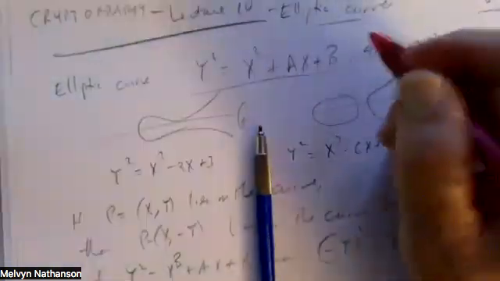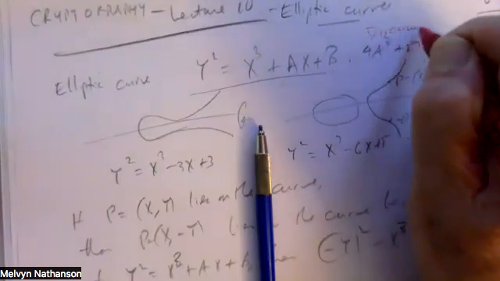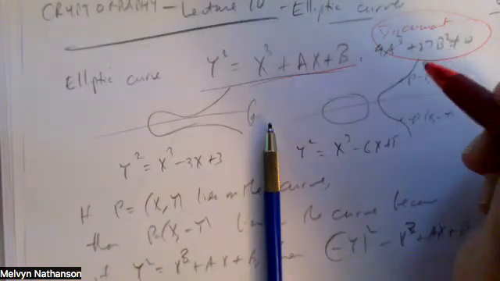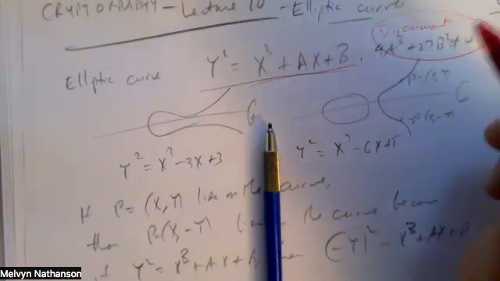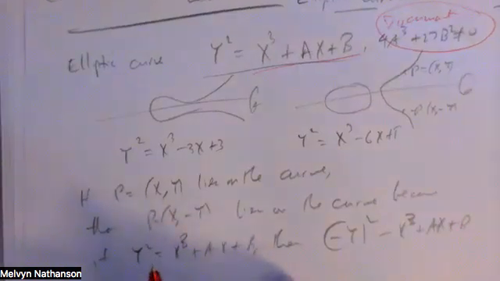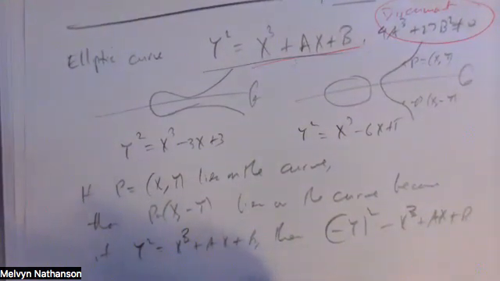This is what is called the discriminant of this cubic polynomial, and that should be non-zero. It's completely analogous to the fact that if you have a quadratic equation, you have a discriminant b squared minus 4ac, and if that's 0, then you have a multiple root. And in this case, it's actually a homework problem, though it takes a little bit of work, to show that if the discriminant is 0, there is a multiple root.